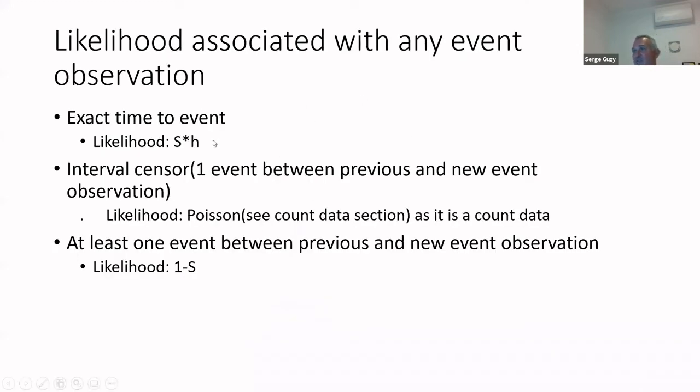Then, depending on the 3 kinds of time to event that you have, one of which includes count data, you need to write the likelihood. Once you write the likelihood, everything is done, because you just need to know the likelihood associated with one specific observation. Since you have only 3 cases, it will be either S multiplied by H, or the Poisson distribution, or 1 minus S.